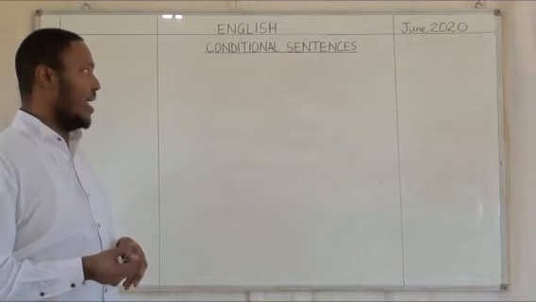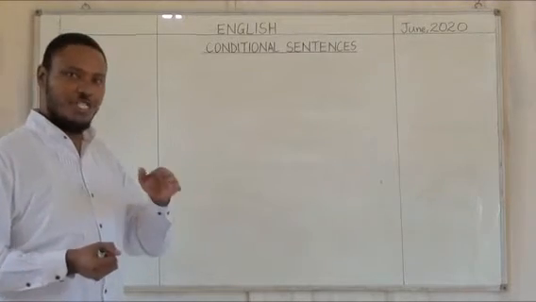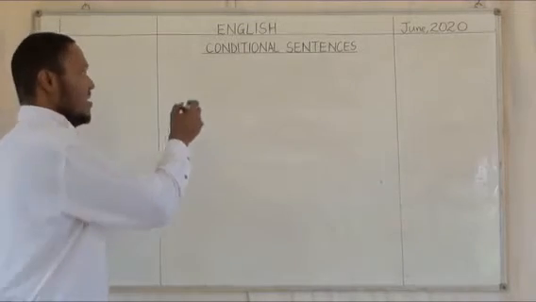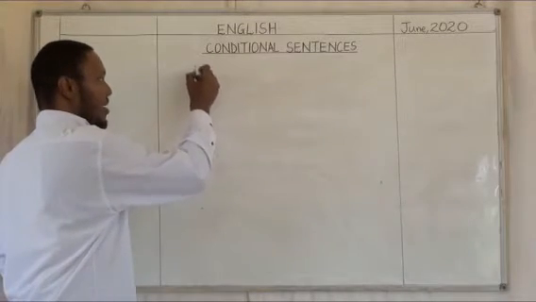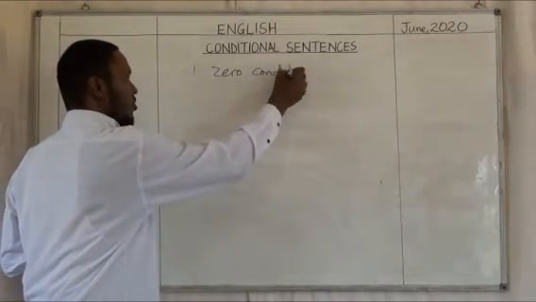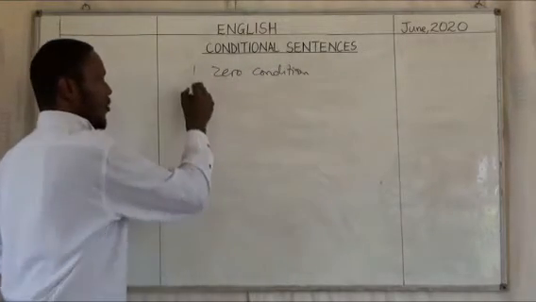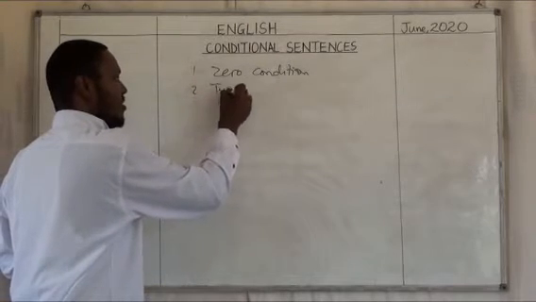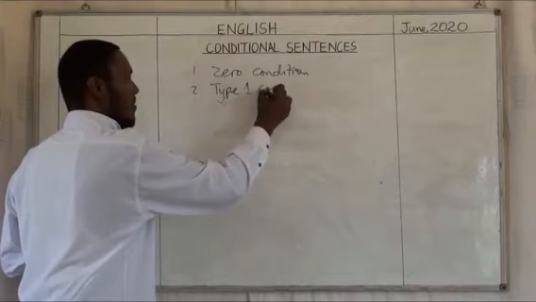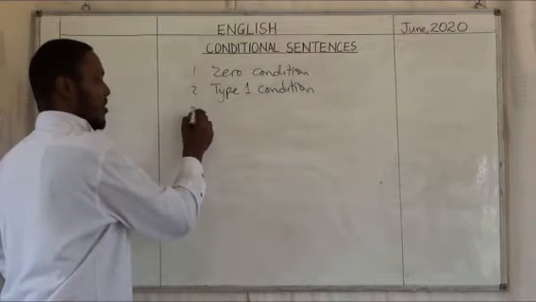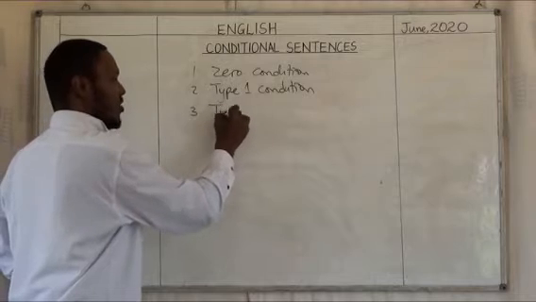Okay? We have 4 conditional sentences, and they are: 1, the zero condition. 2, conditional sentence type 1, that is type 1 condition. 3, type 2 condition.